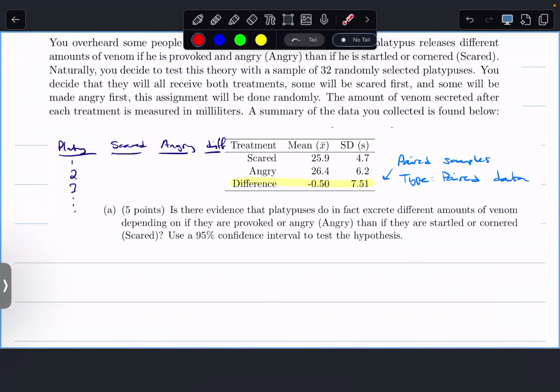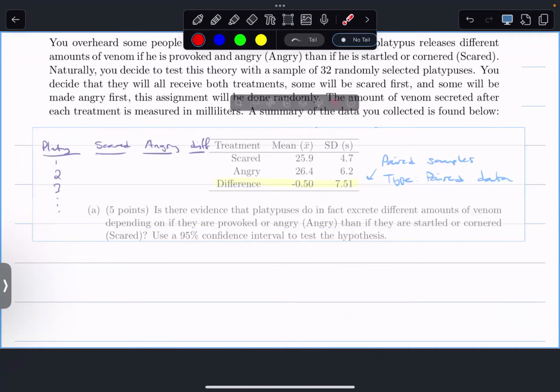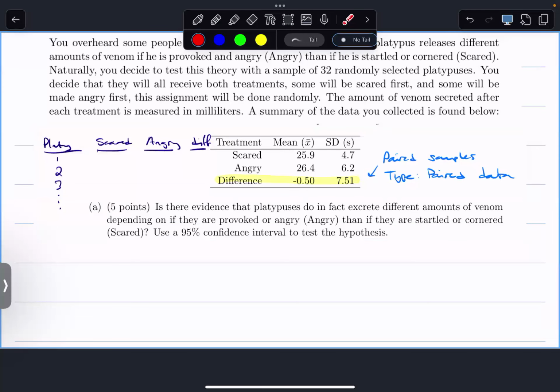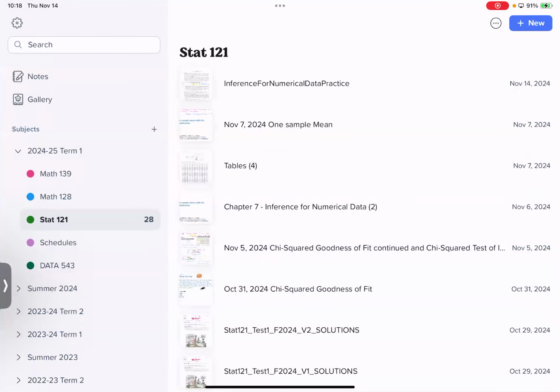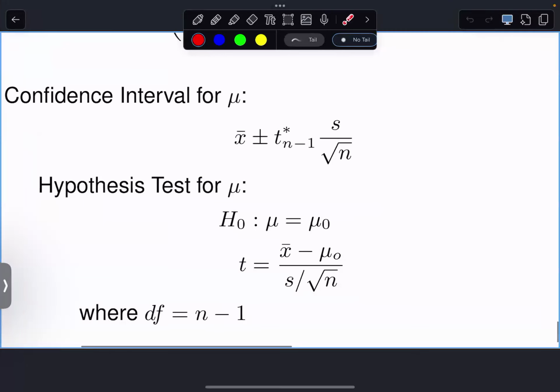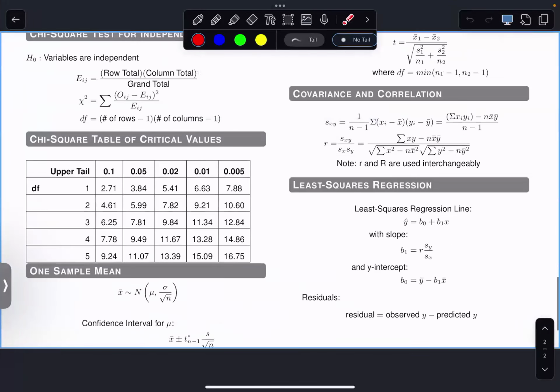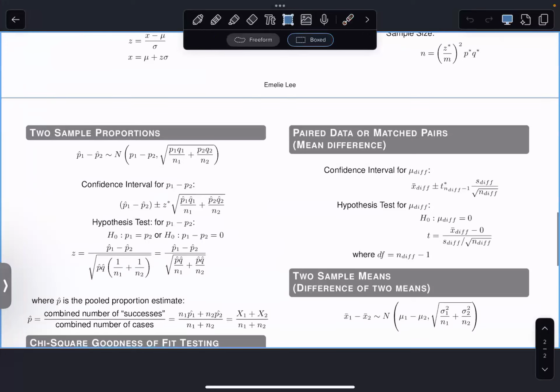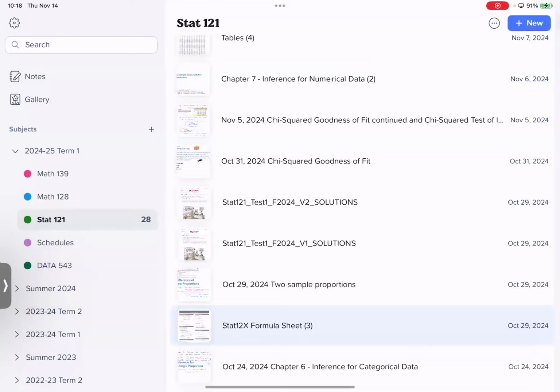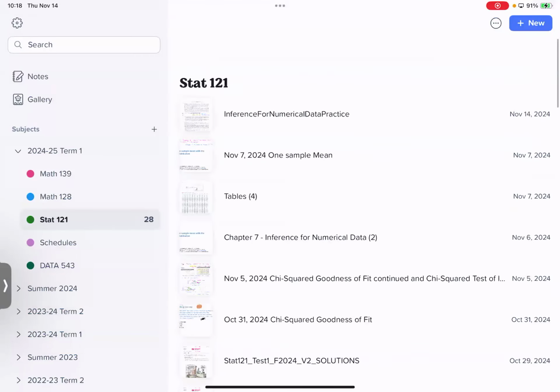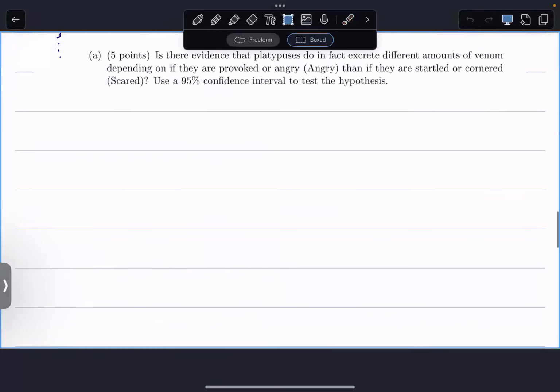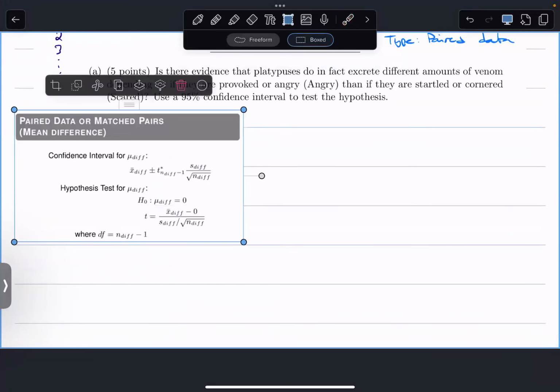So when you're reading the questions on the test, the first thing you're going to do is figure out what type of question you have, and then that will determine where you are on your formula sheet. So on your formula sheet here, you've decided that you have paired data or matched pairs, which you don't really need the formulas for because it is just a one sample mean problem.